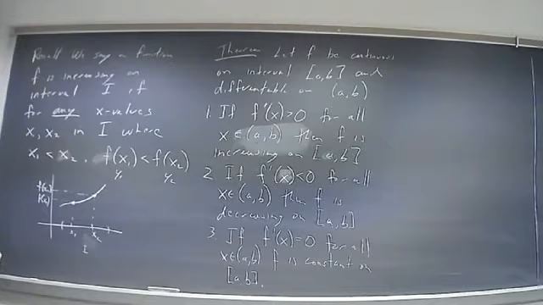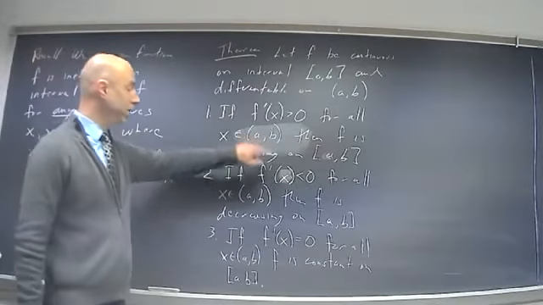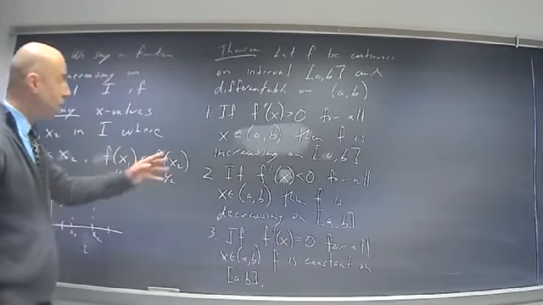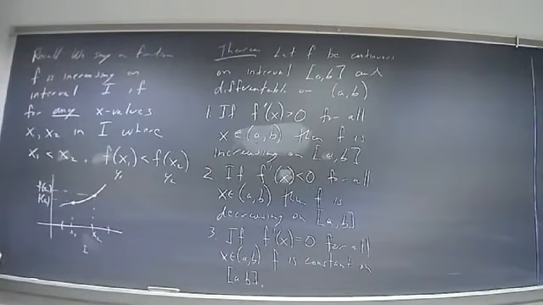So assuming the function is continuous and assuming it has a derivative, the sign of the derivative, positive, negative, or 0, tells us where the function is increasing, where it's decreasing, and where it's constant.